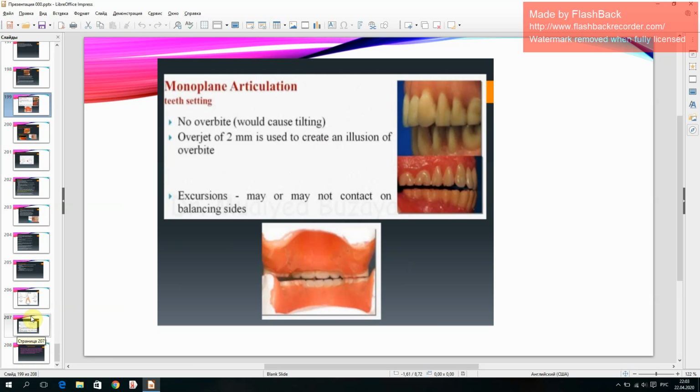Monoplane articulation, teeth setting. No overbite, as it would cause tilting. Overjet of 2 mm is used to create an illusion of overbite. Excursions may or may not contact on balancing sides.